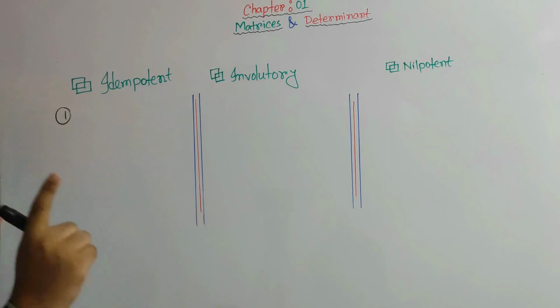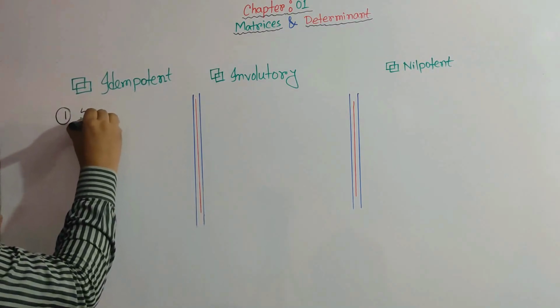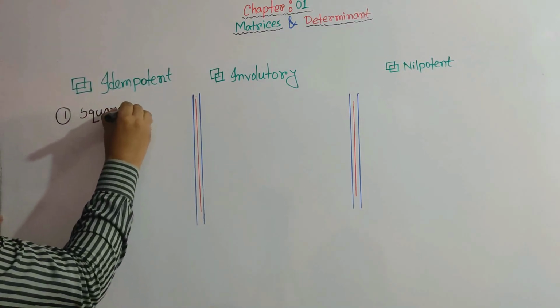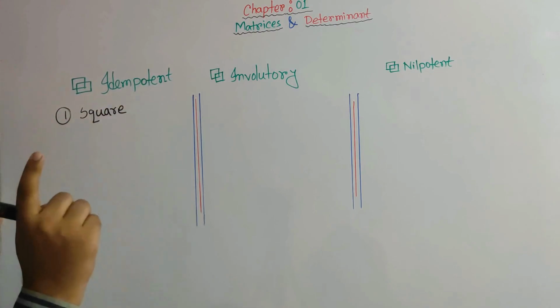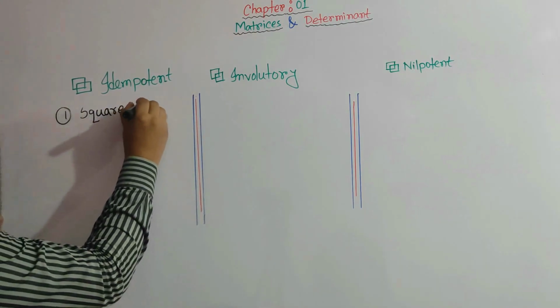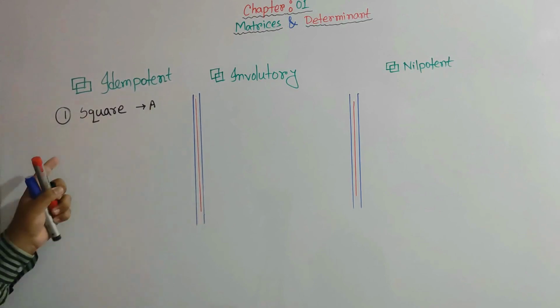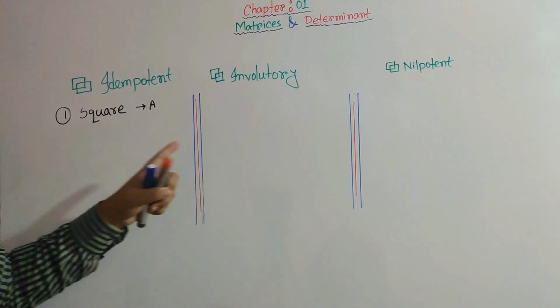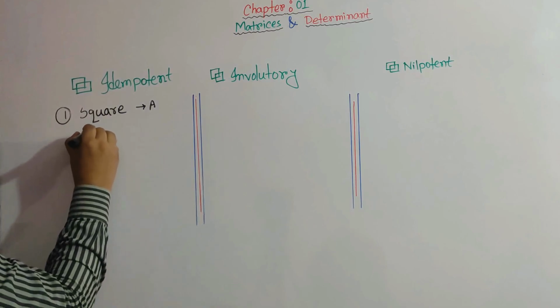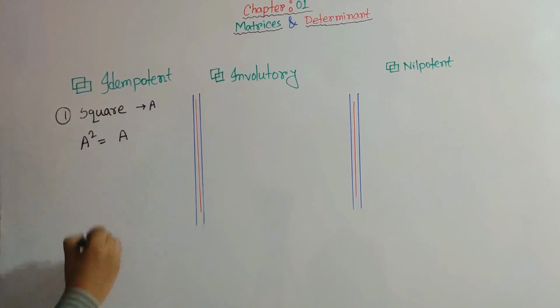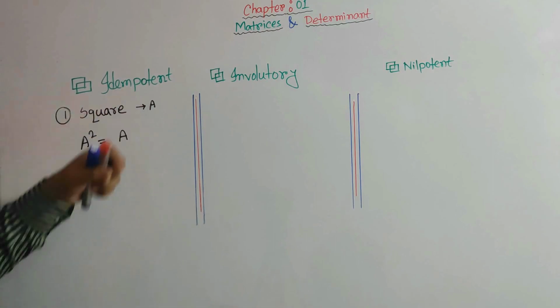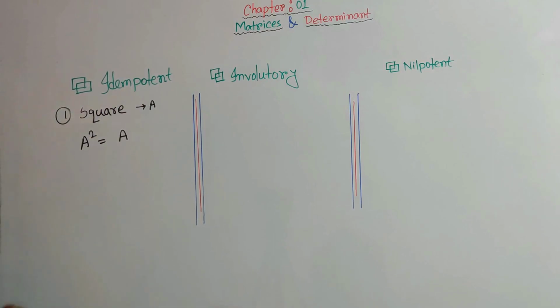If a matrix A satisfies A square equal to A, then we can say this is the idempotent matrix. So any square matrix A is said to be idempotent if A square equal to A.